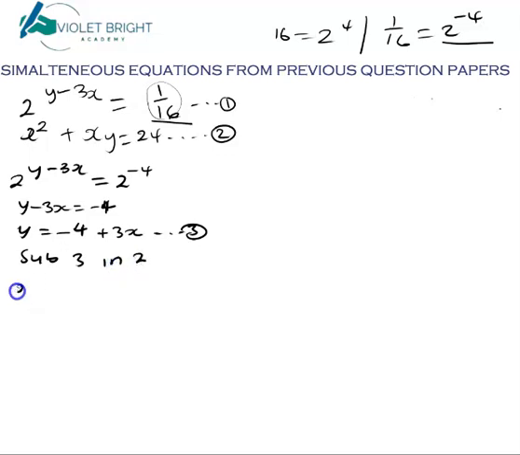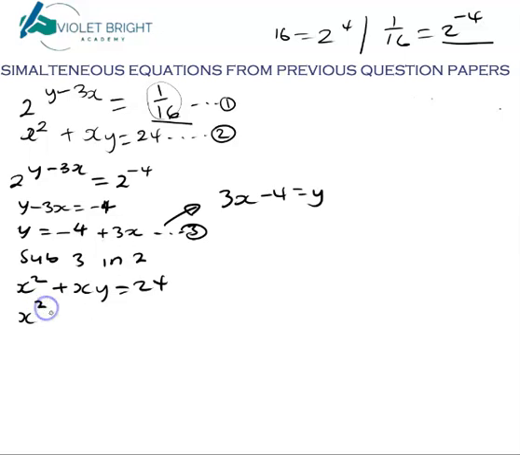So now x squared plus xy equals 24. Where there is y, we just substitute with negative 4 plus 3x. Even though you may do it like this, it's still the same thing, guys. Either you start with 3x or start with negative 4, it's the same thing.